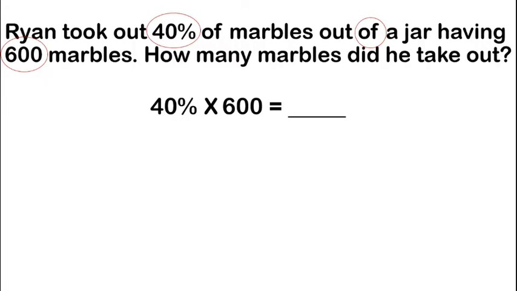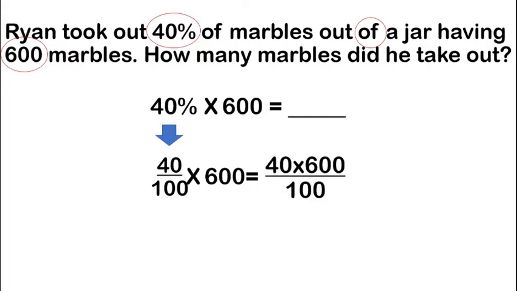If you still remember how to convert a percentage into a fraction, we just copy the 40 and the denominator would be 100. So we got 40 hundredths, or 40 over 100. Then we will multiply it by 600. So we need to multiply directly 40 times 600 over 100.